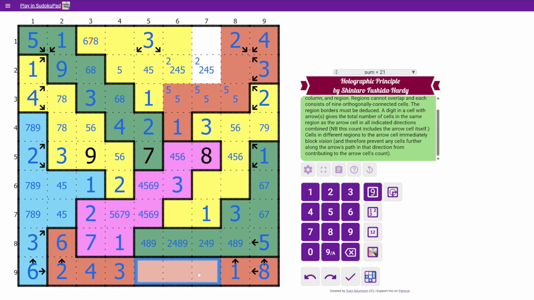This has 5, 7, 9 left. This is a 6-8 combo, making that a 5. Making this a 6.